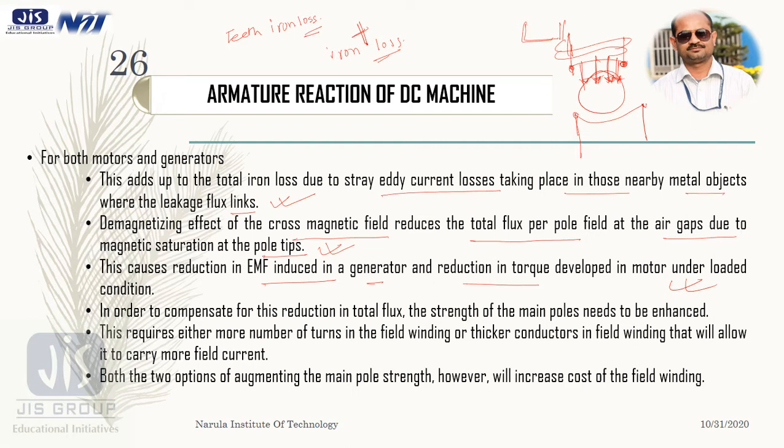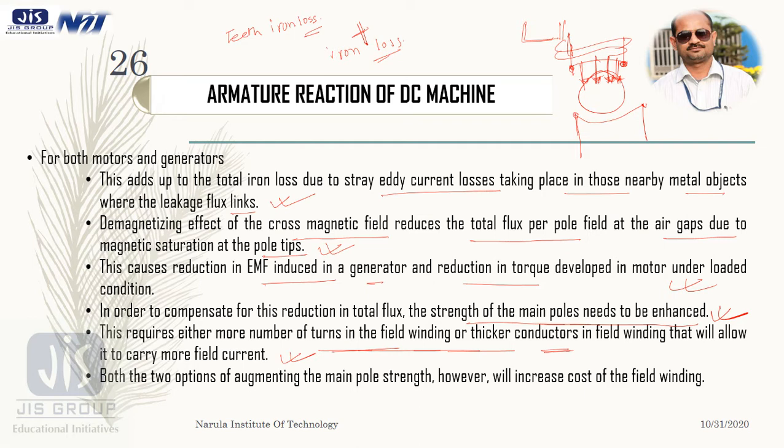So what can be done in order to compensate this reduction in total flux? The strength of the main poles needs to be enhanced, and this requires more number of turns in the field winding. That means a thicker conductor is required. Then only it can carry more current, and if it is carrying more current, as it is an electromagnet, the strength will increase.